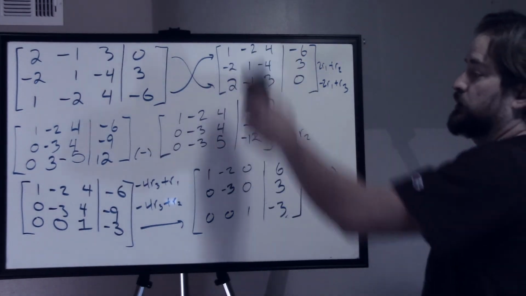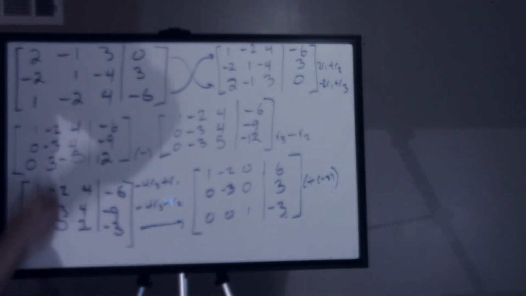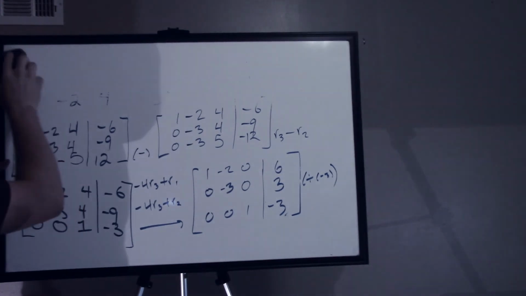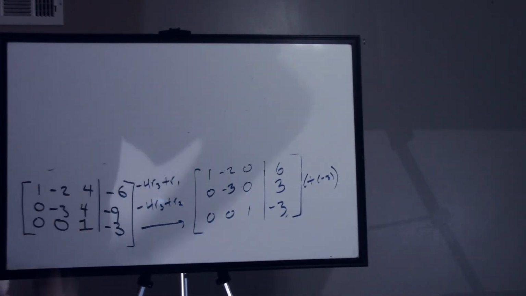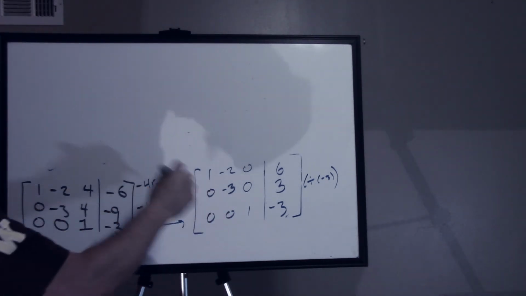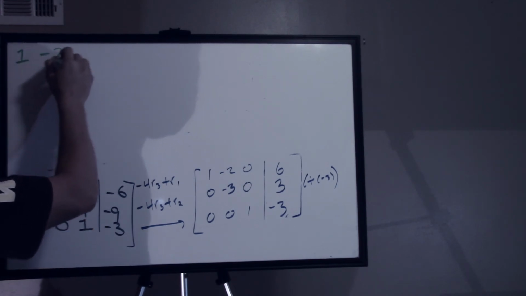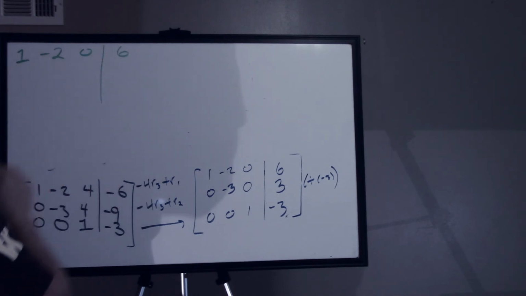I need the room, so the top 2 layers here are going away. The only thing I'm affecting is row 2, so row 1 stays as 1, -2, 0, and 6.